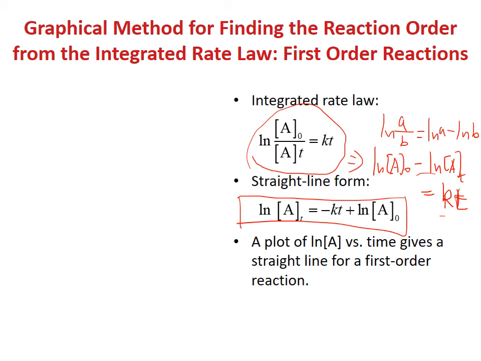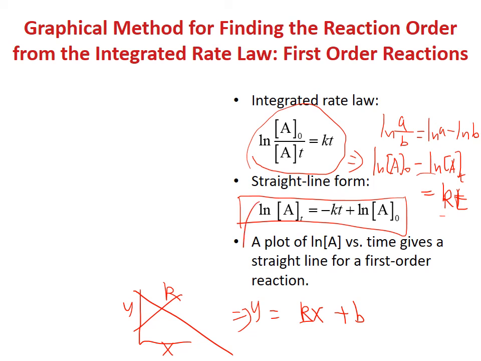Now in mathematics, the equation y equals kx plus b is called a linear equation. This is because if you plot y over x for this equation, you should get a straight line, and the slope is k. If k is a negative number, or the slope is negative, then the straight line looks like this: y decreases with x.